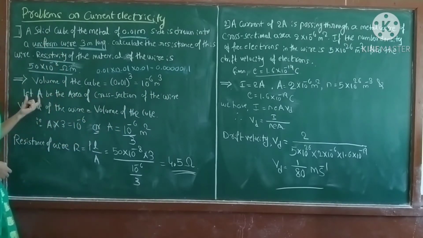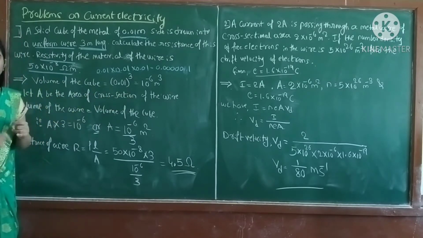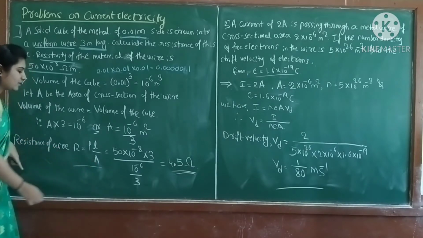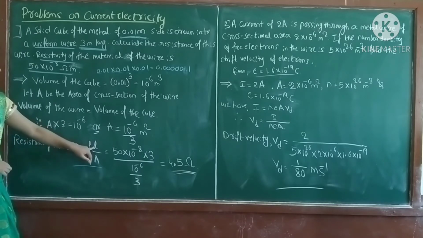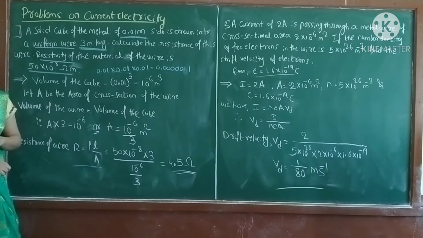Then let A be the area of cross section of the wire. We have to calculate the resistance, and of course we have the formula for resistance. The resistivity is given, the length is given, but what about the area?